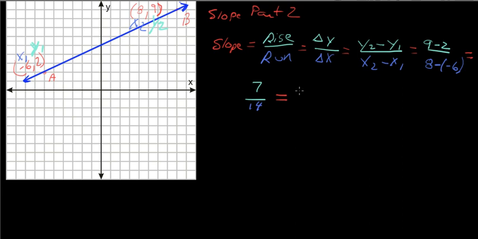Well, of course that reduces to 1 over 2. And so your slope is 1/2. That means the ratio of your change in y to the change in x is 1 over 2. That means for every time you go up 1 unit, you're going to go to the right 2 units.